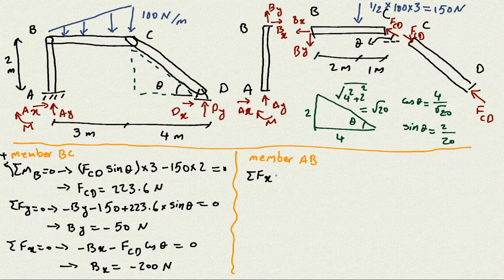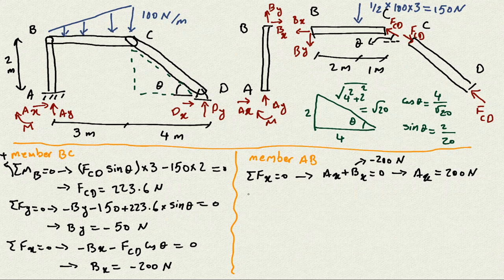Then what I would have is that AX plus BX is 0, and we already have the BX from the previous section, so we'll just substitute there, and then AX would come out as 200 Newton, because we know that Bx is negative 200 Newton. So from the previous section we know it's negative 200 Newton. So this is what we will get.